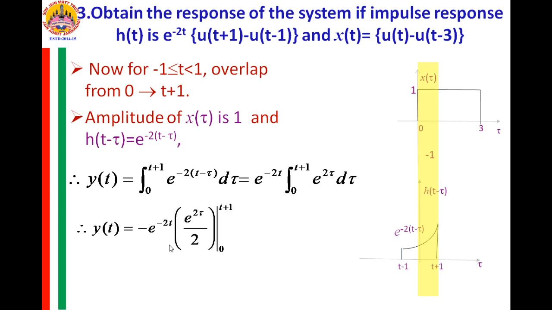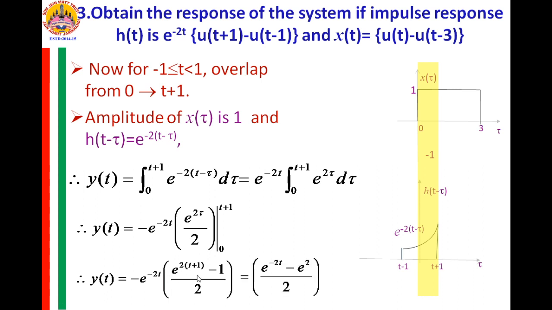If you integrate, it is e raised to 2 tau by 2, and when you substitute the limits, it is e raised to 2t plus 1 minus 1. And you can multiply inside and evaluate this further. You will get this, as the minus sign is there outside. When you multiply with this minus, it becomes minus minus plus, and this is e raised to minus 2t.